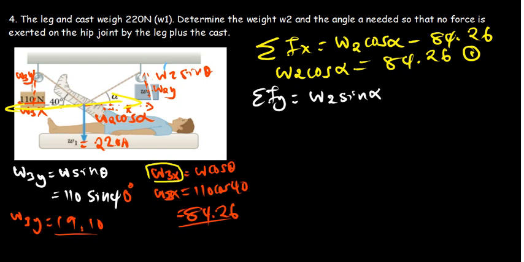Even the W3y we have already calculated, so it's going to be plus 19.10. But maybe we made a mistake, so let me punch again. We said 110 sin 40.